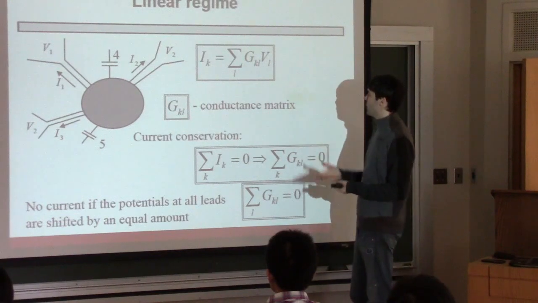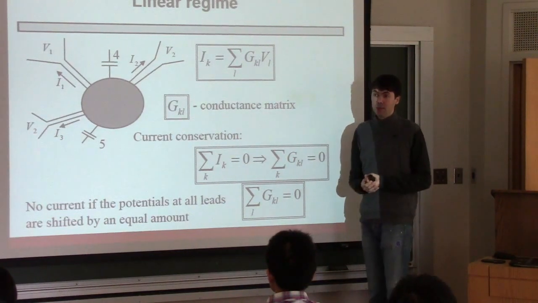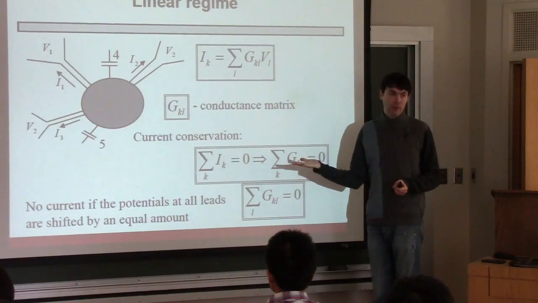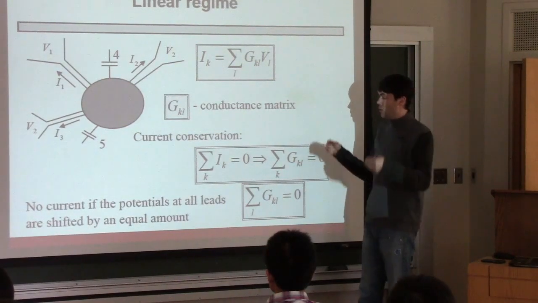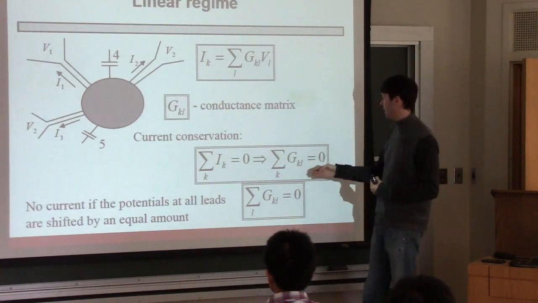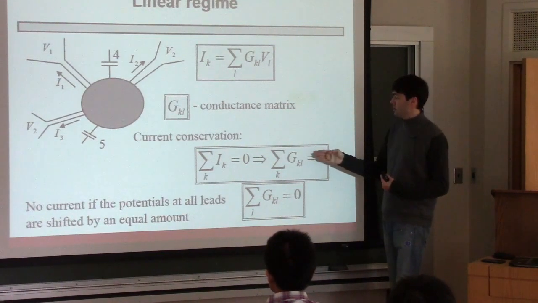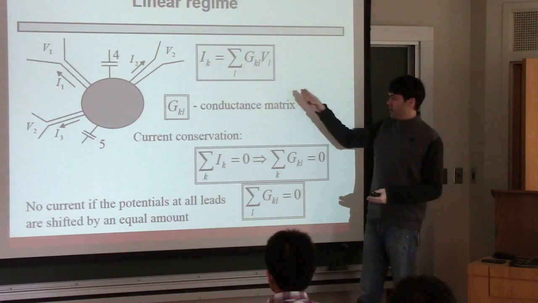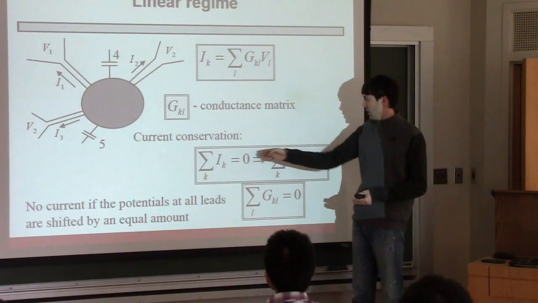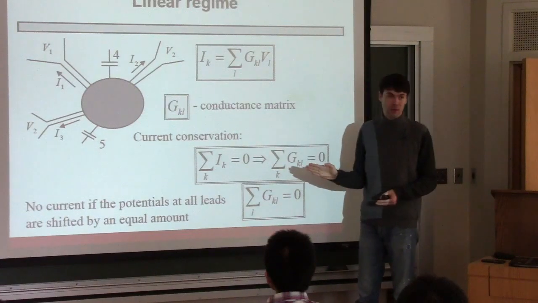So this conductance matrix also obeys certain obvious rules, which actually follow from things like Kirchhoff's law. All the currents going into one node have to add up to 0, and that means that the sum of conductances in this matrix over each column is equal to 0. That is just a direct consequence of Kirchhoff's law.